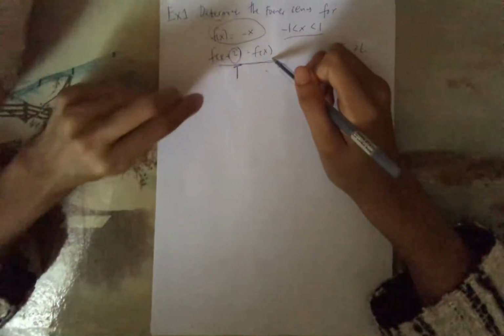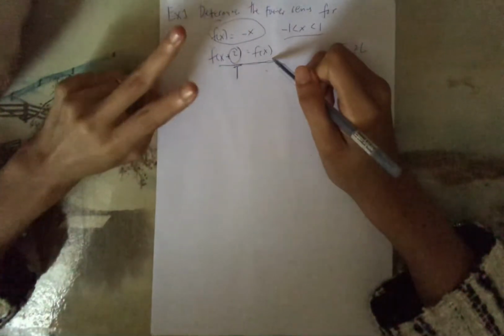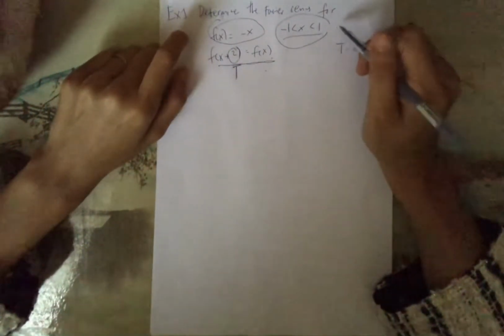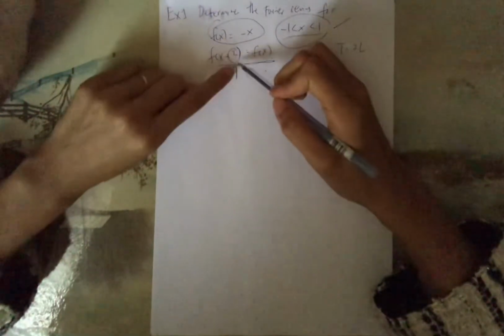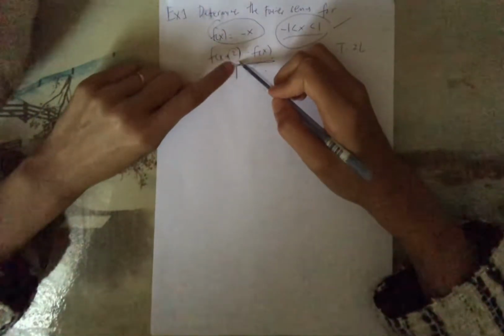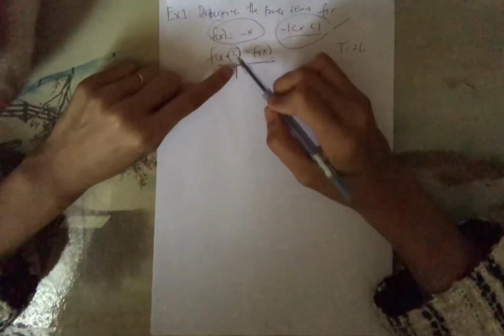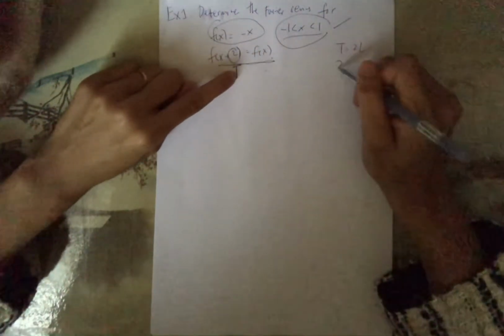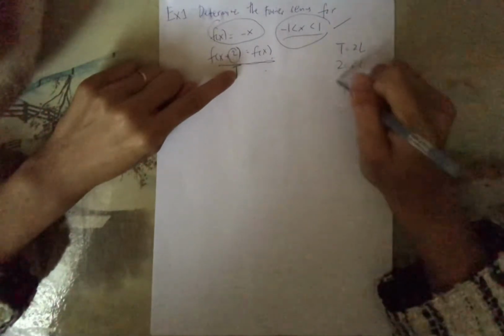Like I mentioned just now, there are two ways to find your L. First, from the interval itself. So you can get it directly from here, or you can get it directly from this equation. In this equation, the 2 here represents T. Therefore, your L is equal to 1.